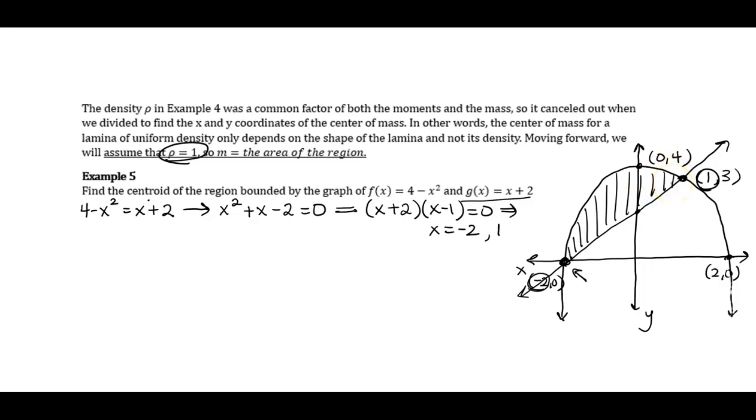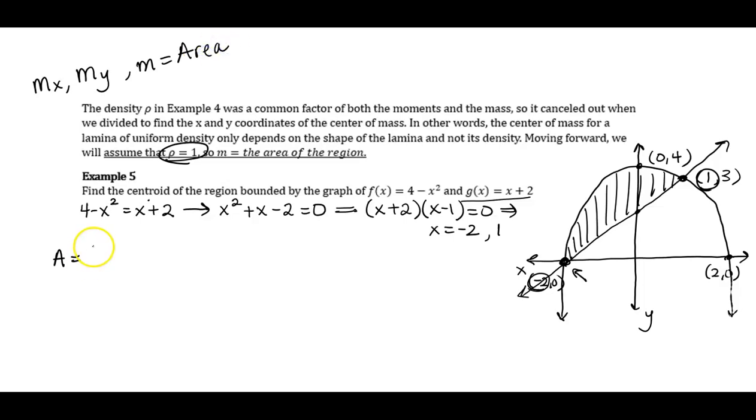Let's start off and find just the area of this region. It really doesn't matter which one we find first. We're still going to need the moment about the x-axis, the moment about the y-axis, and little m. But remember that since we are assuming that rho is 1, little m is simply the area of this region.